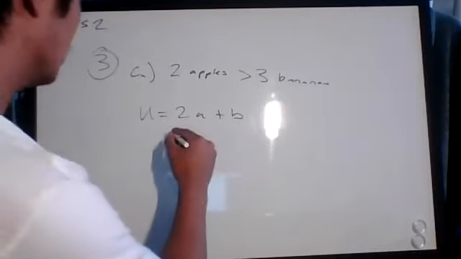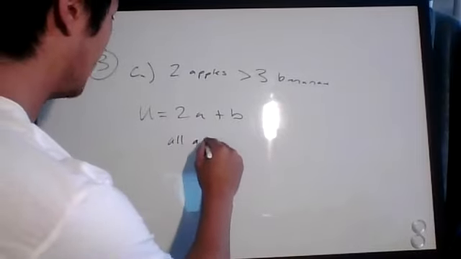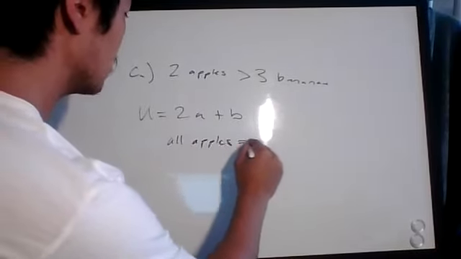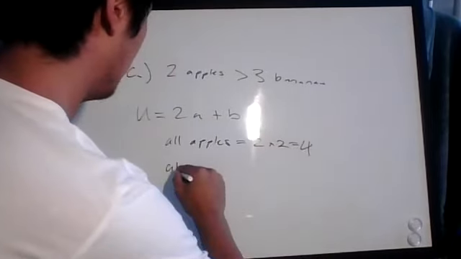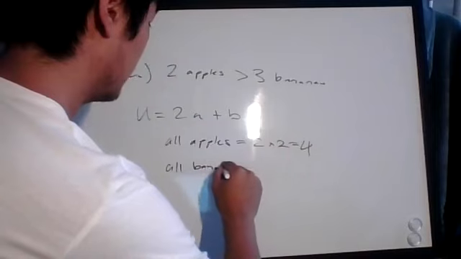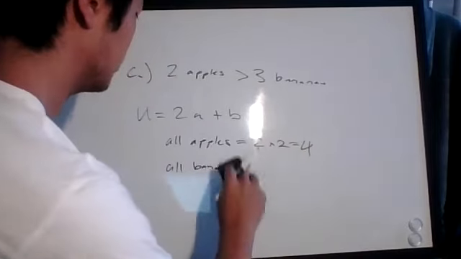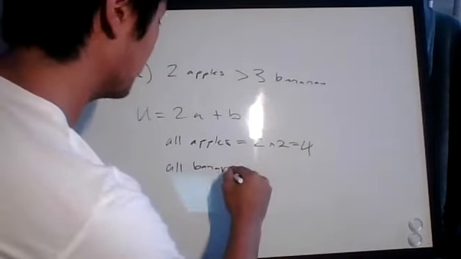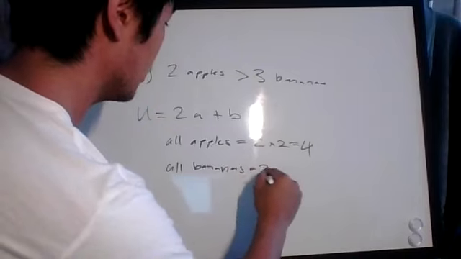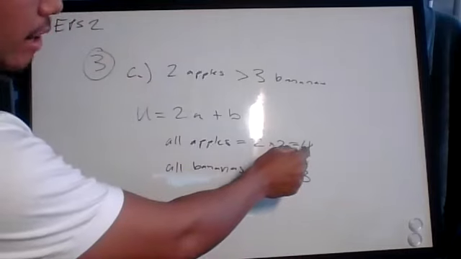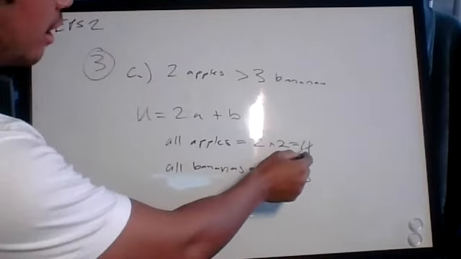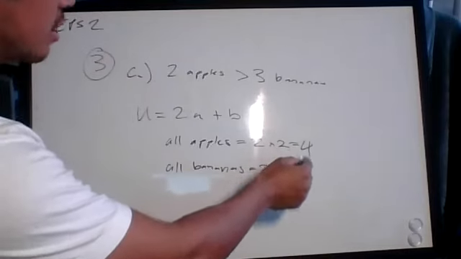So all apples equals 2 times 2 equals 4, and all bananas equals 3 times 1 equals 3. And obviously you would rather have 4 utility than 3 utility.